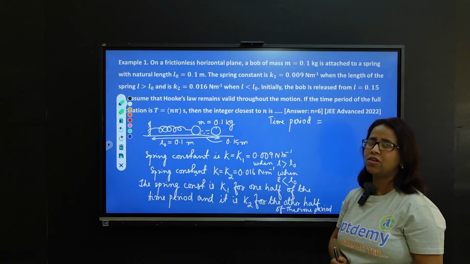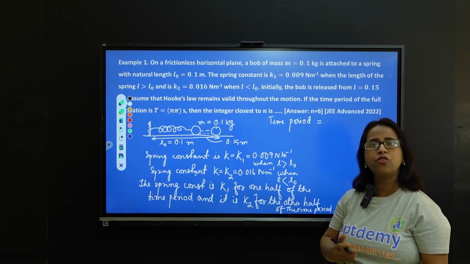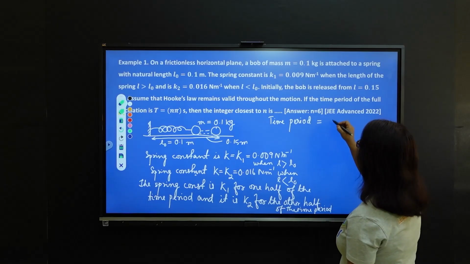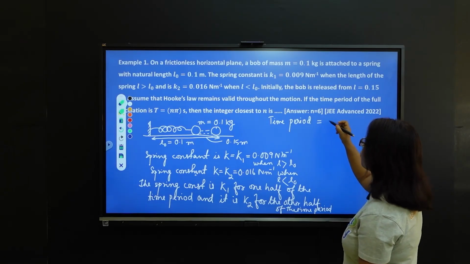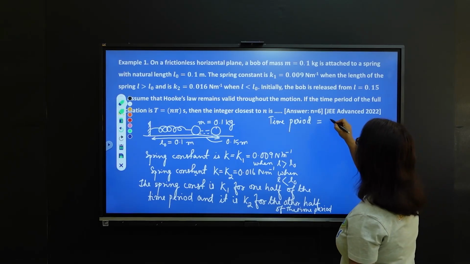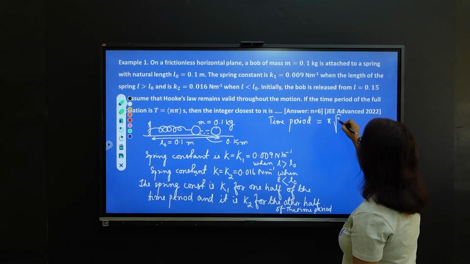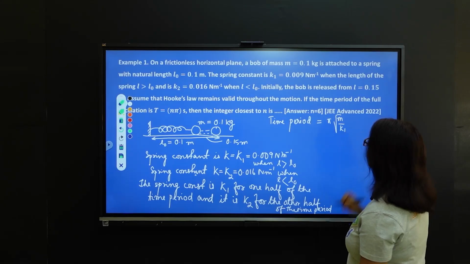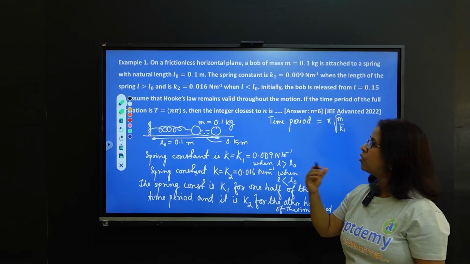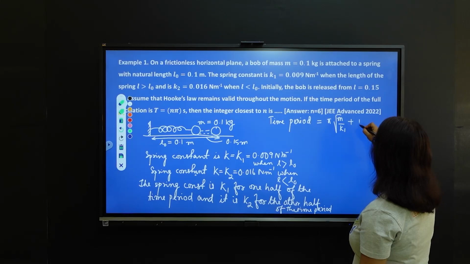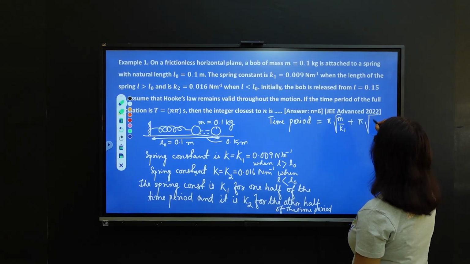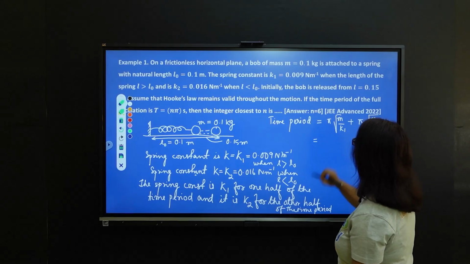So the time period is actually a combination of two different time periods. So let us write that. We have half for the first part, that is, pi root over m by K1. This is for the first half, and for the second half we have pi root over m by K2.